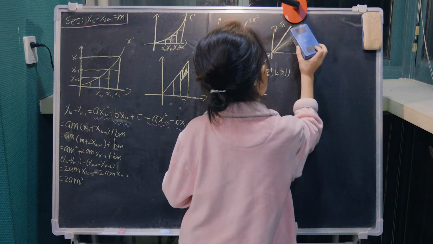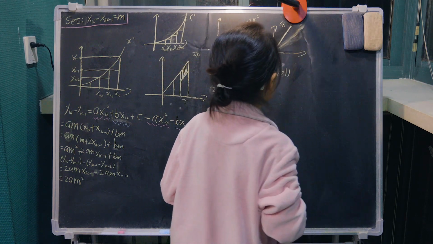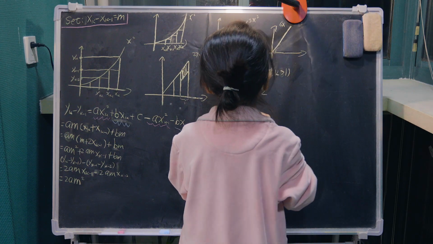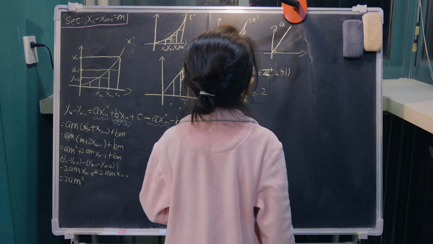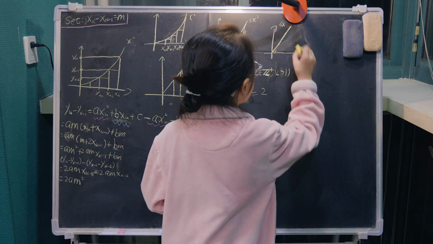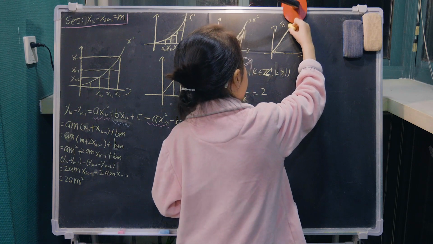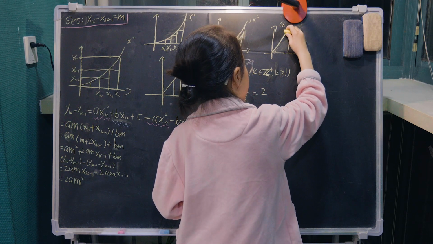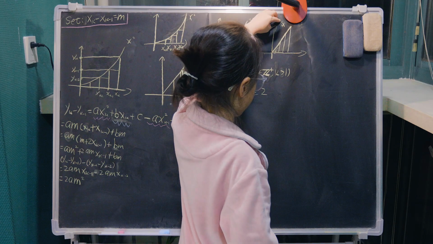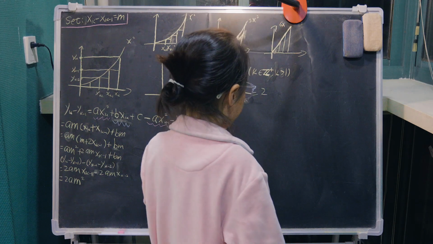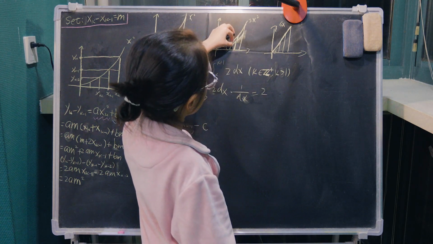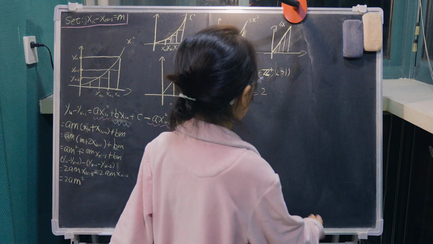Okay, and this is 6x. So now what we do next is, because we are calculating the difference of these two values, right here, what's that?